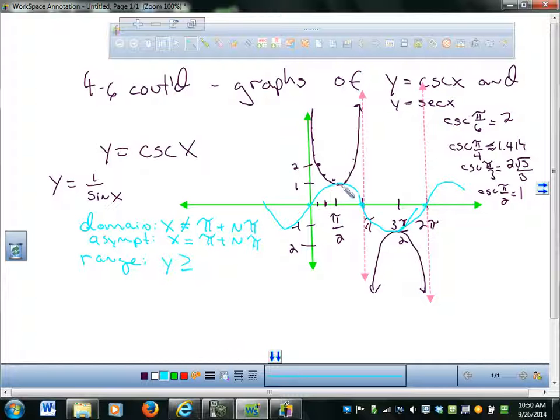What's y always going to be greater than? 1. And y is less than or equal to -1. Okay? So that's the range. And then the period is the same as with sine. What's the period of sine? 2 pi. And that's all there is to it.